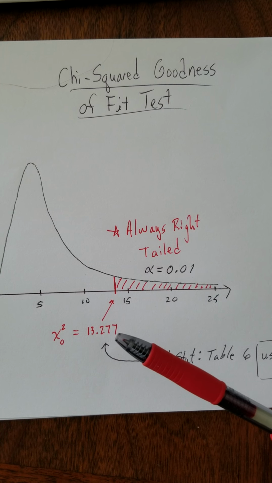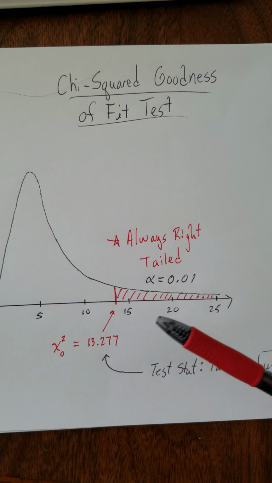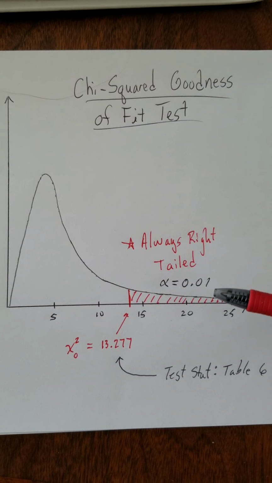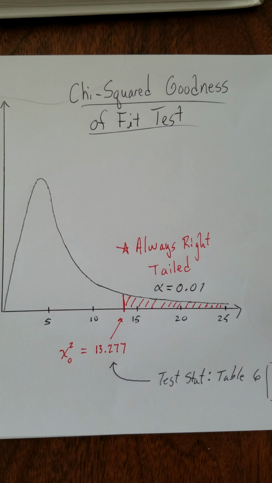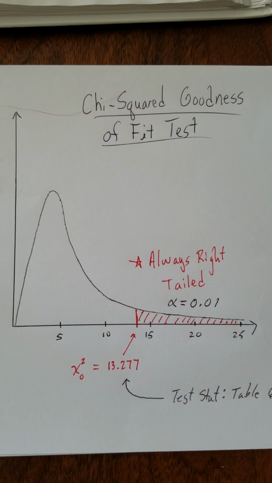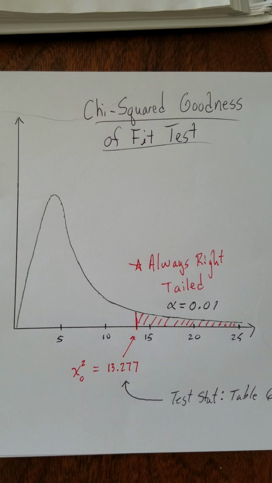So you got 13.277 as our test stat. So I just made the numbers at the bottom larger because of that. The big thing here to see is it's right-tailed, always, for what we're doing. So we're going to do a right-tail test to see if we reject or fail to reject the null hypothesis.